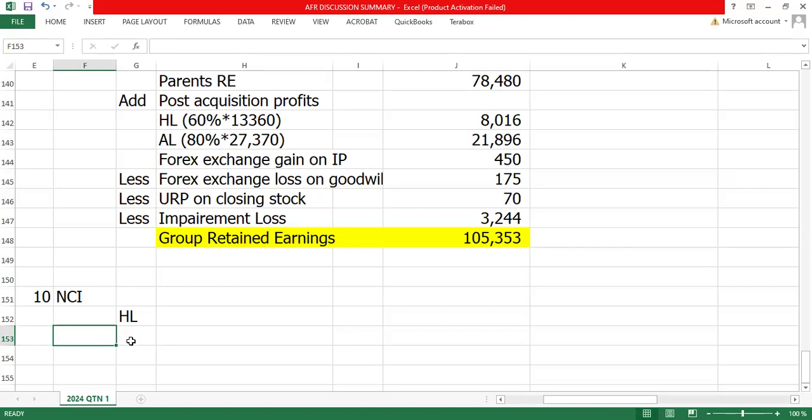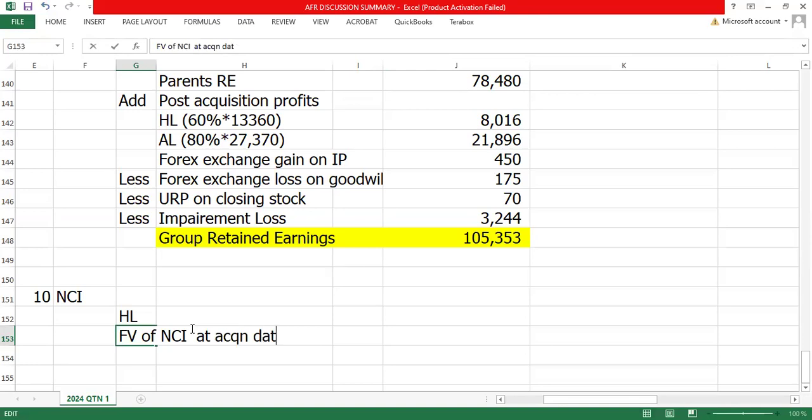What is the fair value? The fair value of NCI. What was the fair value of this HL? At acquisition date, 12,600. This is at acquisition date.